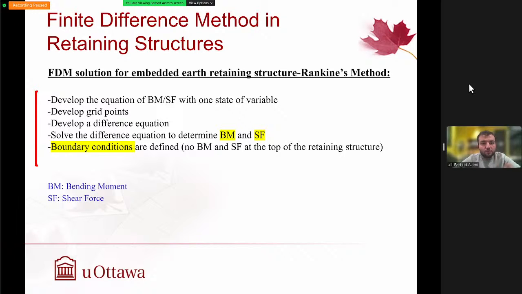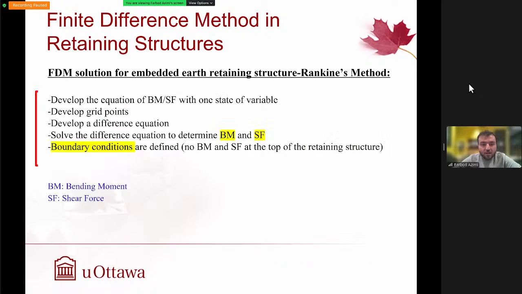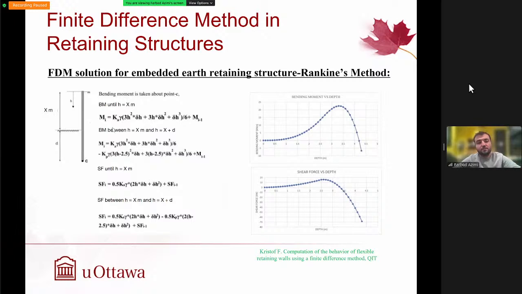As you can see, by defining the boundary conditions, we don't have any bending moment and shear force at the top of the retaining structure. And here is the procedure. We can find the moments as well as the shear forces using these formulas.